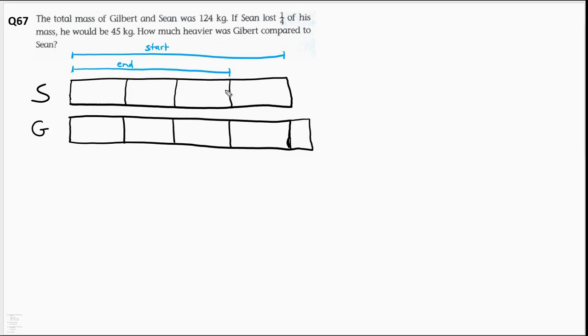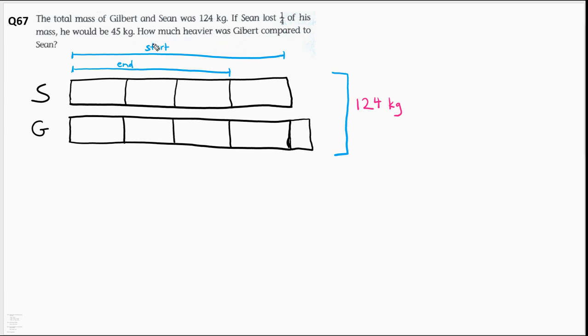Right. What else do we know? The total mass of Gilbert and Sean was 124 kilograms. So we know that this entire model is 124 kilograms. That's what it represents. What else?